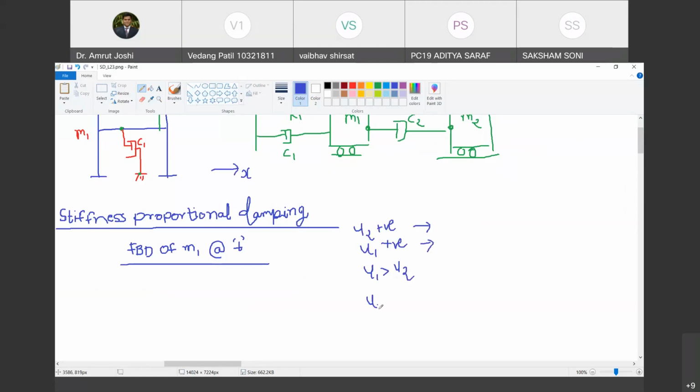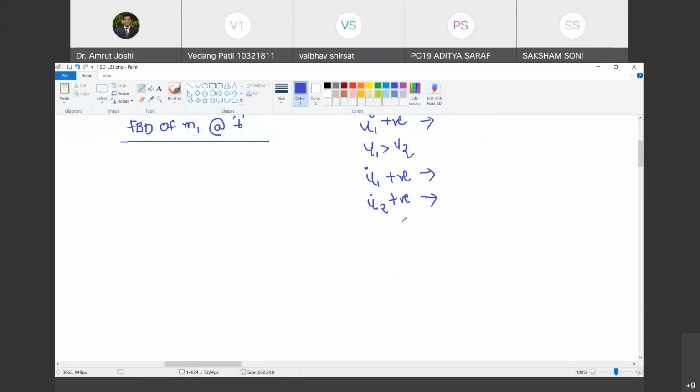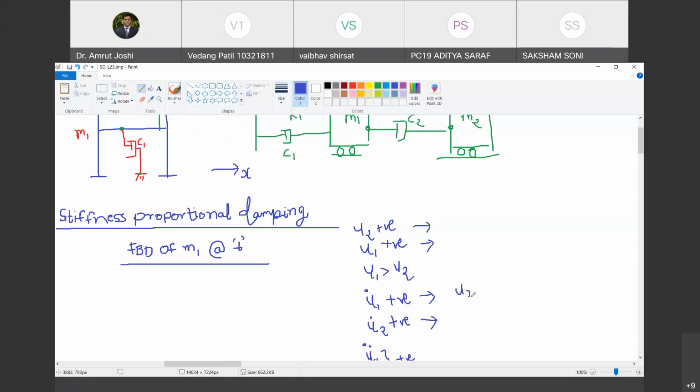We also say that U1 dot is positive, that means the velocity of the first mass is towards right at time t. U2 dot is positive. We are also going to say that U1 double dot and U2 double dot are positive. And we are also going to assume that U2 dot is greater than U1 dot.